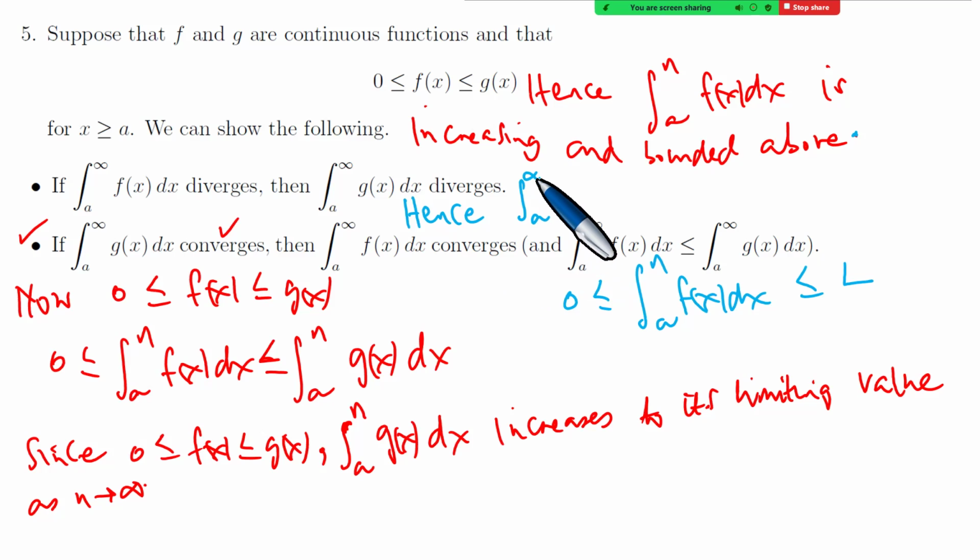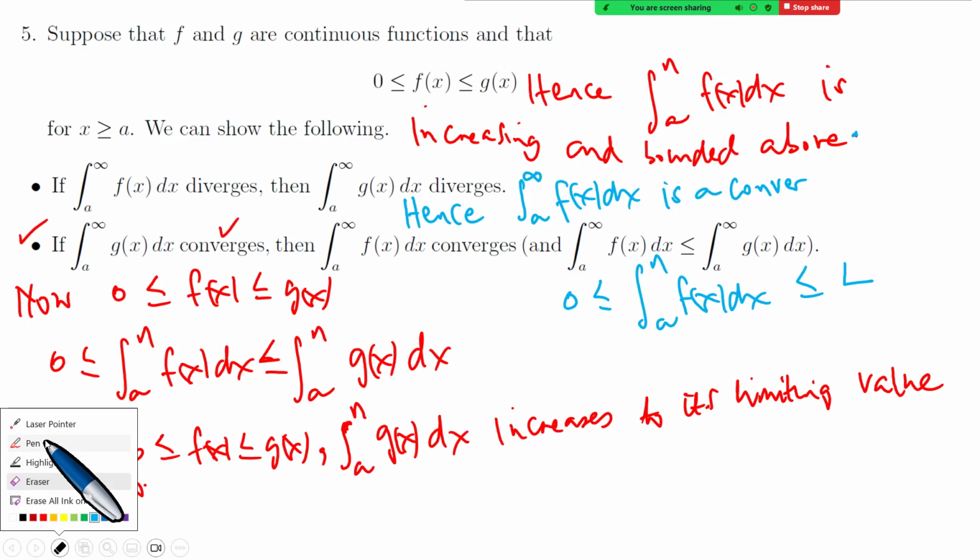Hence the integral from a to infinity is a convergent integral. Okay, try to follow the steps. Quite a very general proof here.